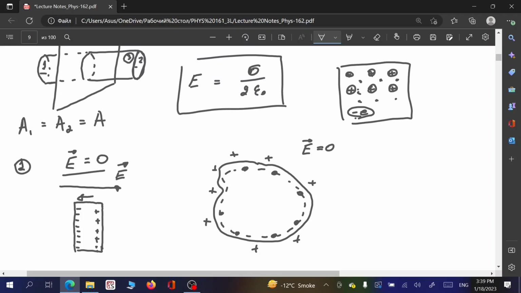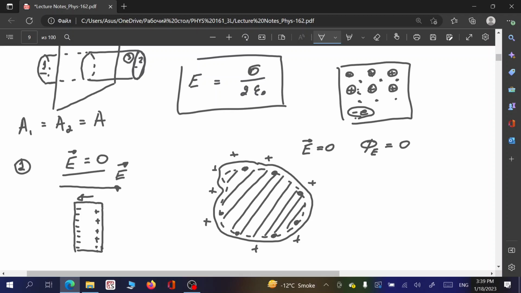So that means that the flux of electric field through this closed surface will also be equal to zero. And that means, according to Gauss' law, that in the volume defined by the Gauss surface, and actually the internal volume of the conductor under electrostatic equilibrium, there is no internal electric charge. Because if the electric field flux is equal to zero, then there is no charge enclosed in the Gauss closed surface.